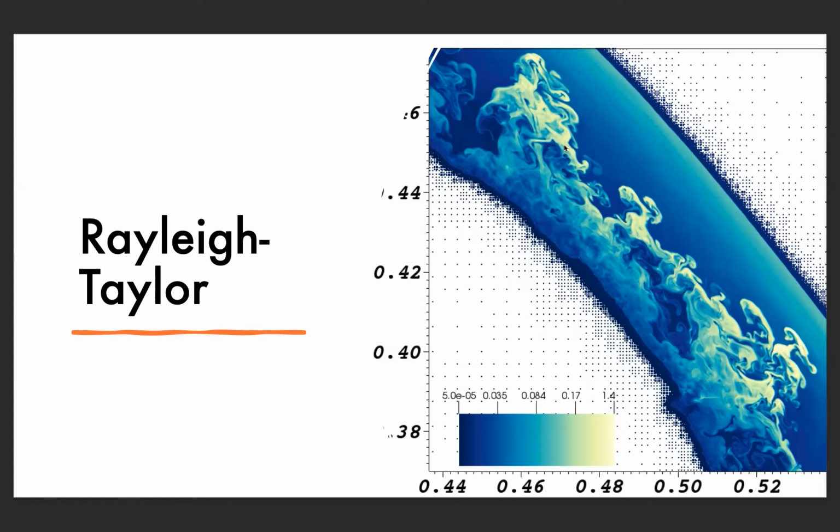Where I am far away from where something interesting is happening, there are very few dots. As I get closer to where the solution is very dynamic, there are so many dots that it fills in almost like a continuous picture. You see that the grid adapts very naturally to the features of the solution. As this blast wave moves out, those dots come in and out of existence in the computation. This is an older code where we could add a single point in or not.